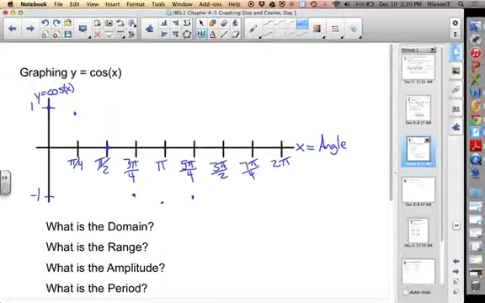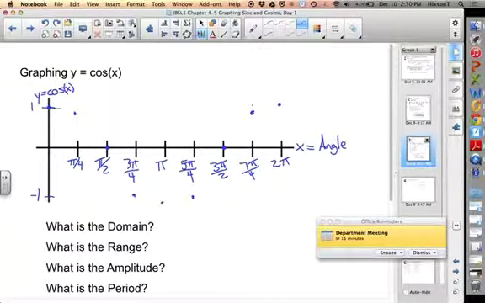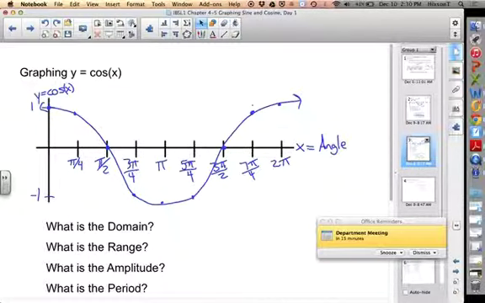At 5 pi over 4, we're at negative root 2 over 2. At 3 pi over 2, we're back to 0. At 7 pi over 4, we're at root 2 over 2. And at 2 pi, we're back up to 1. Good. Teamwork.